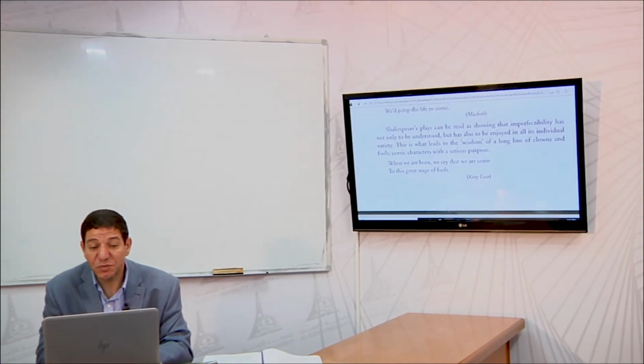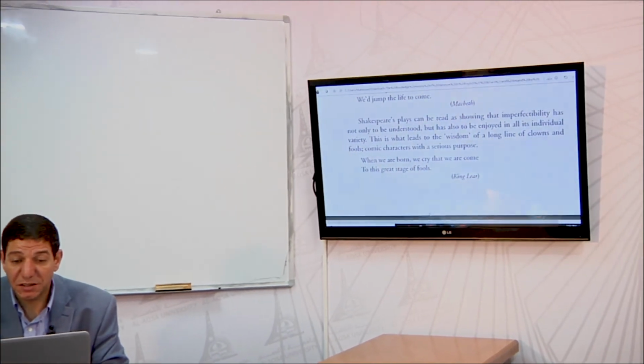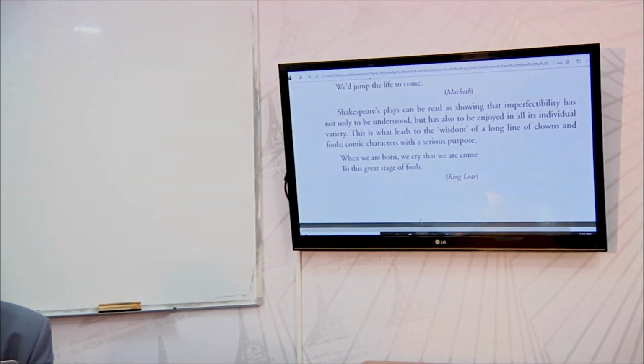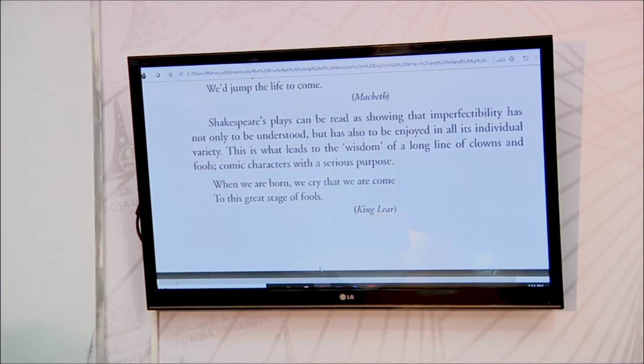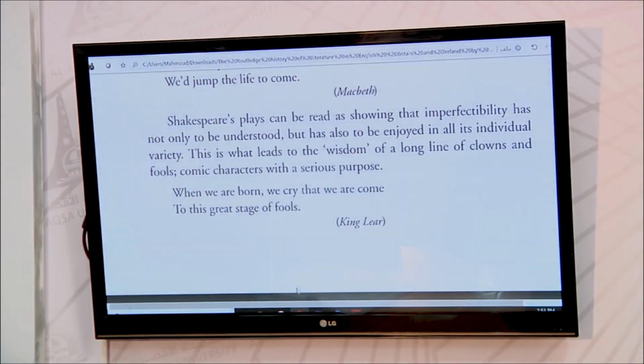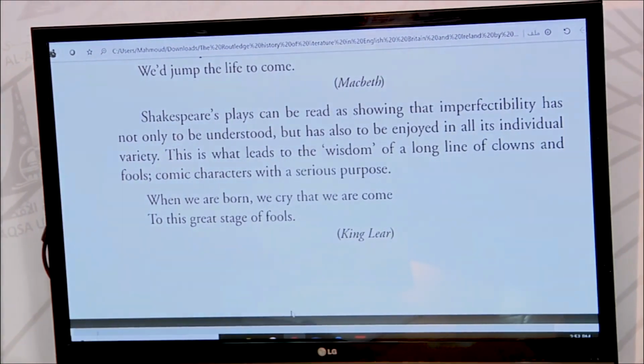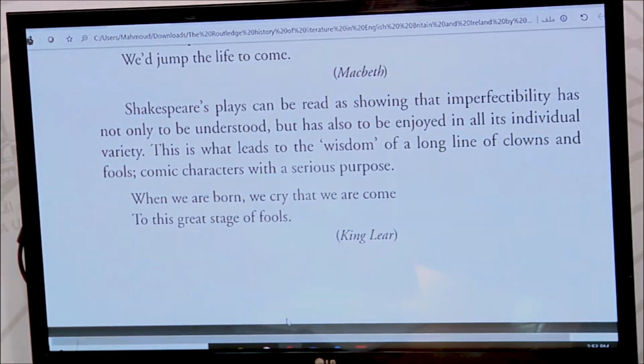This is what leads to the wisdom of a long line of clowns and fools, comic characters with a serious purpose. In King Lear, there are these two lines: When we are born, we cry that we are come to this great stage of fools.